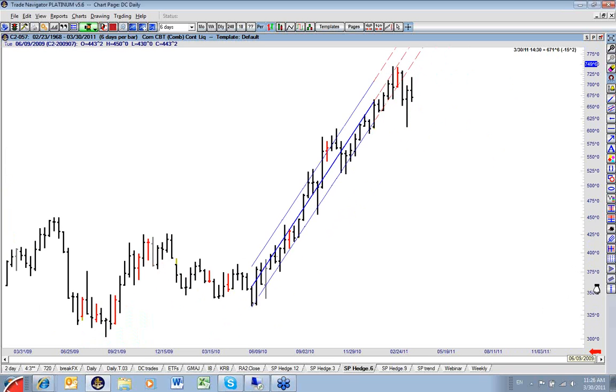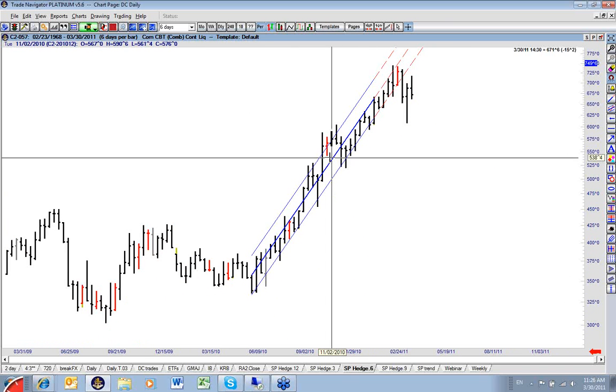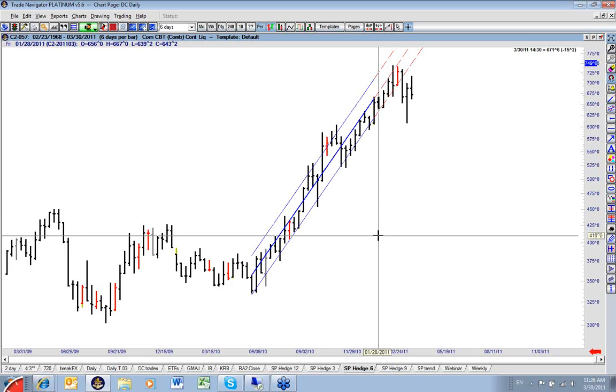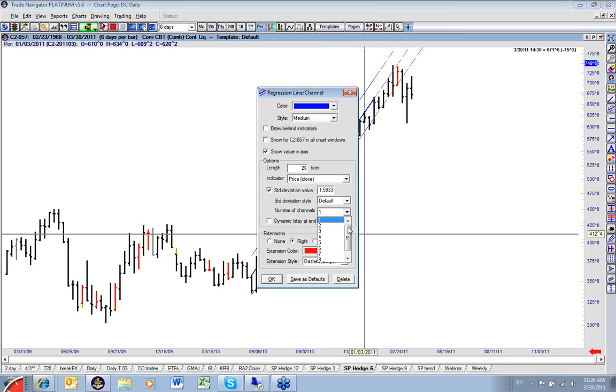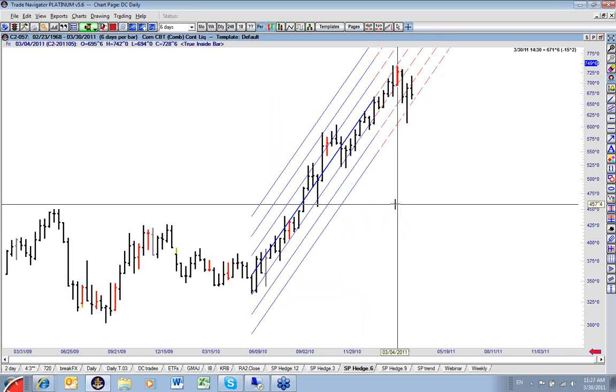You can see that it's in the process of breaking out of its channel. Once that happens, we can then go to two channels. Yeah, this thing's gone about 3 standard deviations from the mean. That's likely the top.